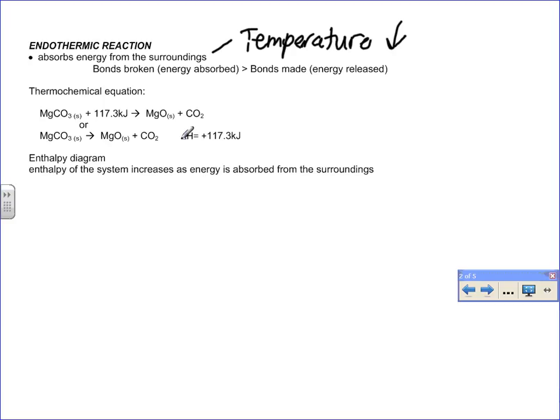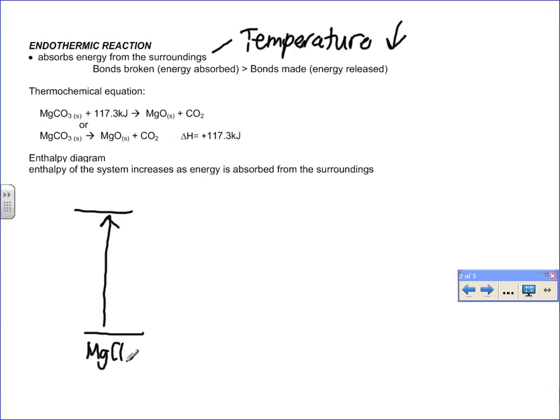Because the enthalpy that we report is a change in enthalpy, we can show an enthalpy diagram, which shows a visual of the change in the enthalpy of the system. So in this case, the enthalpy change is positive, so that means that the enthalpy has increased over the course of the reaction.